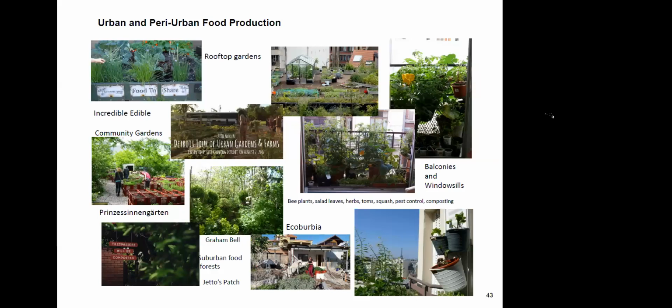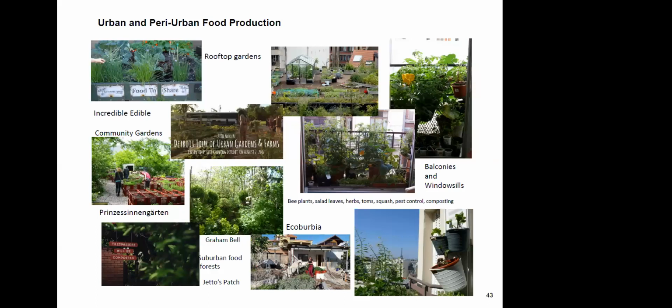This is Jetto's patch in the suburbs of Perth. So if you're in the suburbs and you have a garden, you can actually start creating a food forest in your suburban garden, and you can share it with your neighbors and get your neighbors involved as well.